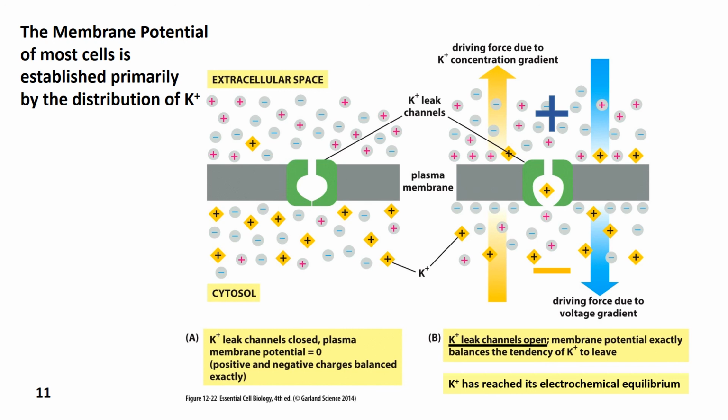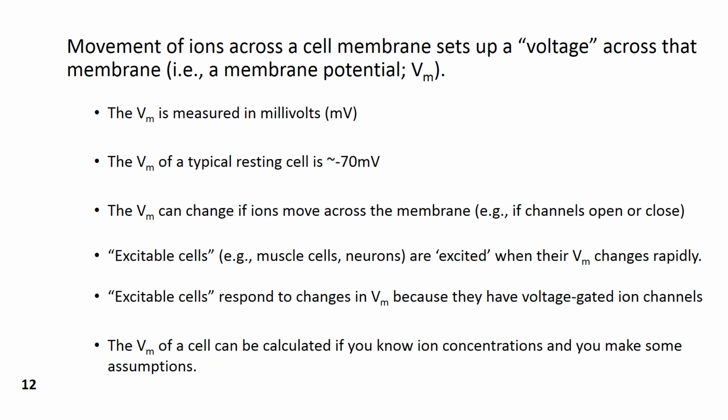To summarize, the movement of ions across cell membranes sets up a charge difference or voltage across the membrane. That charge difference is known as the membrane potential. The membrane potential is measured in millivolts.